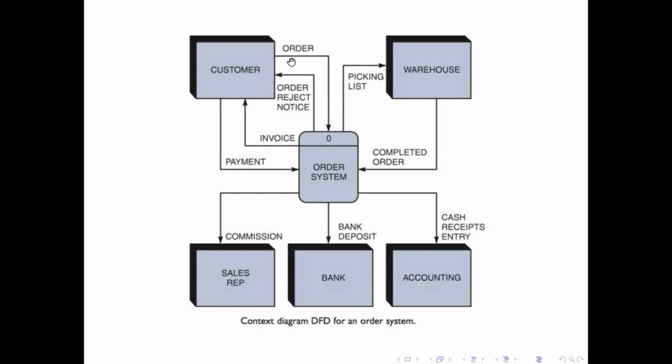The process starts with the customer placing an order in the order system. Then you have to check whether the equipment is available. So you can send the picking lists to the warehouse, and then you will get the completed order. If the order is not accepted, then an order rejection notice comes under the same.